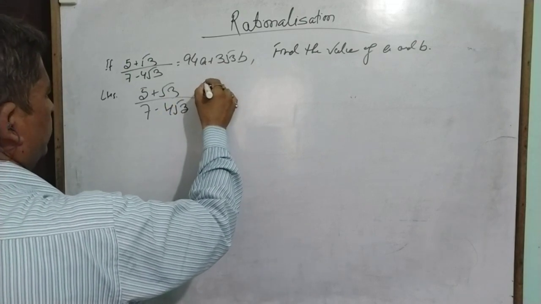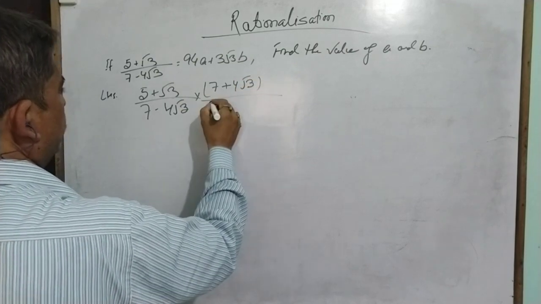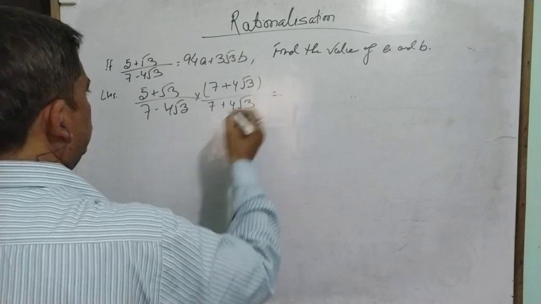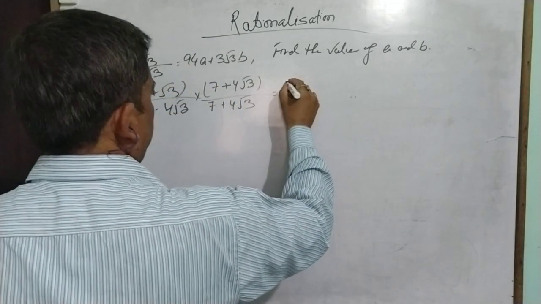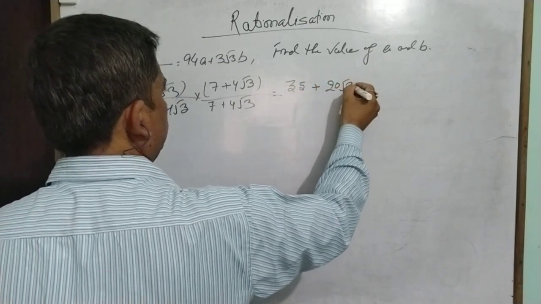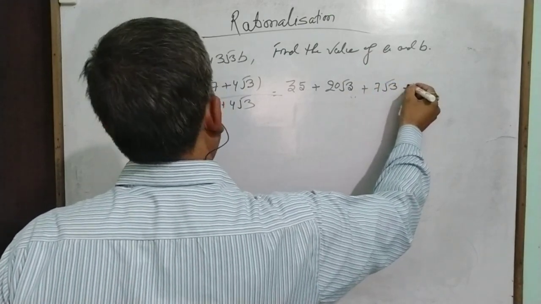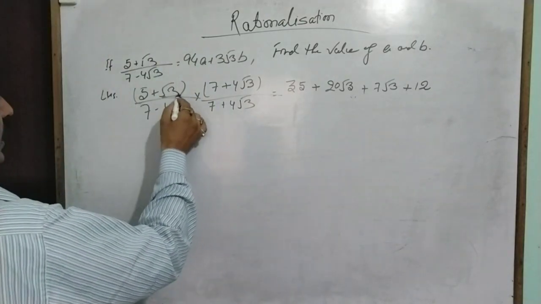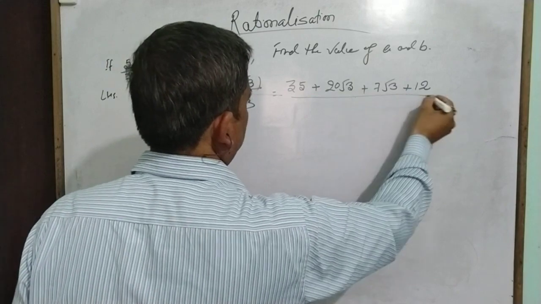You multiply by 7 plus 4 root 3 in numerator and denominator. So 35 plus 20 root 3 plus 7 root 3 plus 12, because root 3 into root 3 is 3, and 3 into 4 is 12.